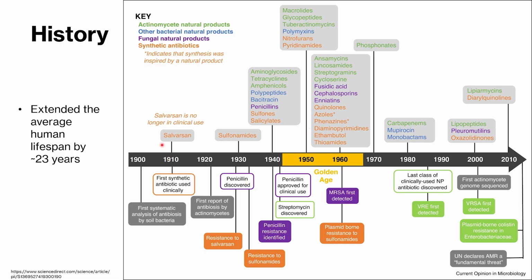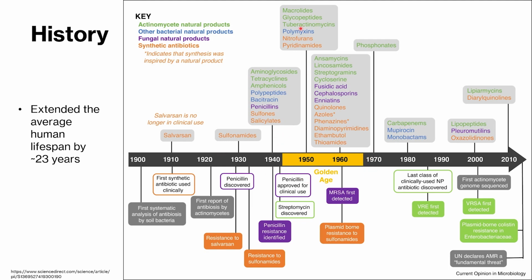So if we look at a timeline, we can see salvarsan was created in 1910. It was the first antibiotic used clinically, the first synthetic. And as you go down the line, you can see there's really just a golden age here between about 1940 and 1970 almost.